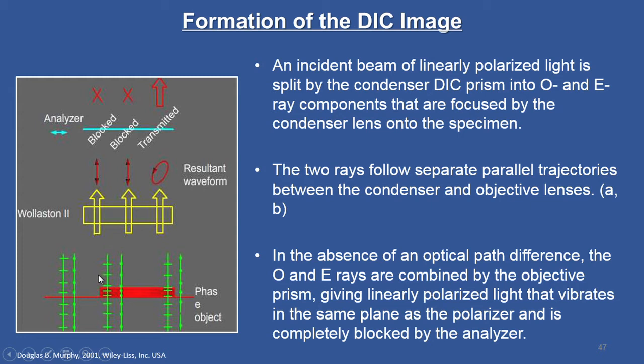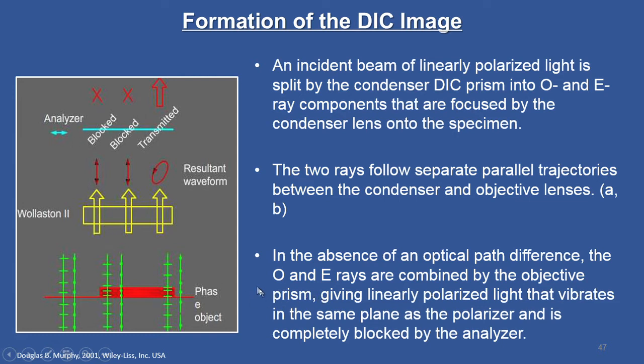Then the rays go like this and they are blocked by the analyzer, because the polarized light vibrates in the same plane as the polarizer, and it is completely blocked. That is the reason.